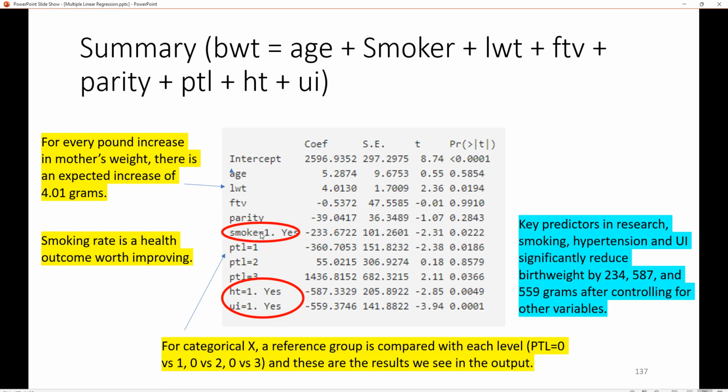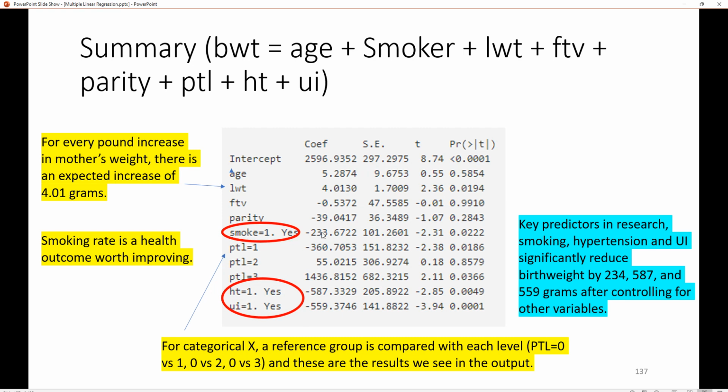And when we look at smoking, if the answer is yes, they are a smoker. We would definitely consider the smoking rate a health outcome worth improving. And then key predictors in research: smoking, hypertension, and UI significantly reduce birth weight by 234, 587, and 559 grams after controlling for other variables.